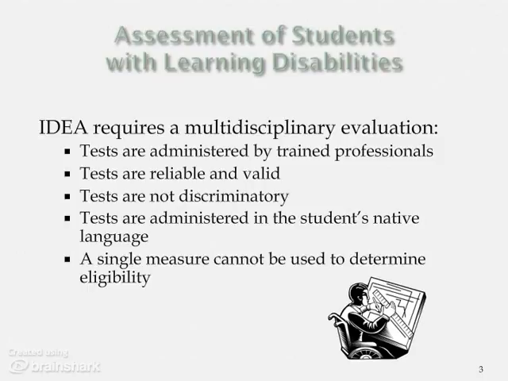You may specifically extend it to do something like KeyMath, if you want more detailed information about the math issues that may be going on, or you could do something specifically related to writing or reading. Any of those are fine, and they're common when you're looking at evaluation for learning disabilities.